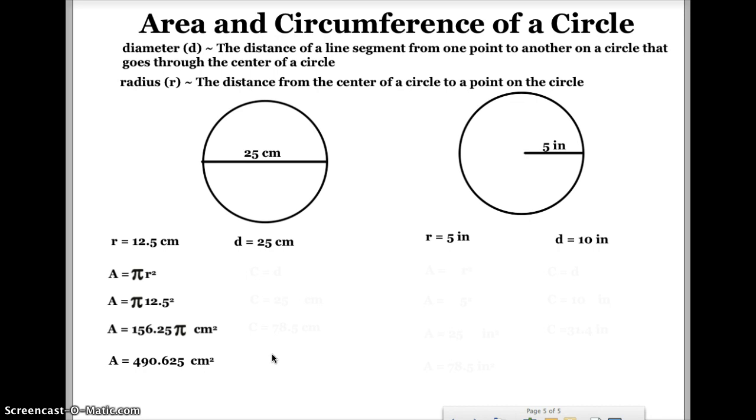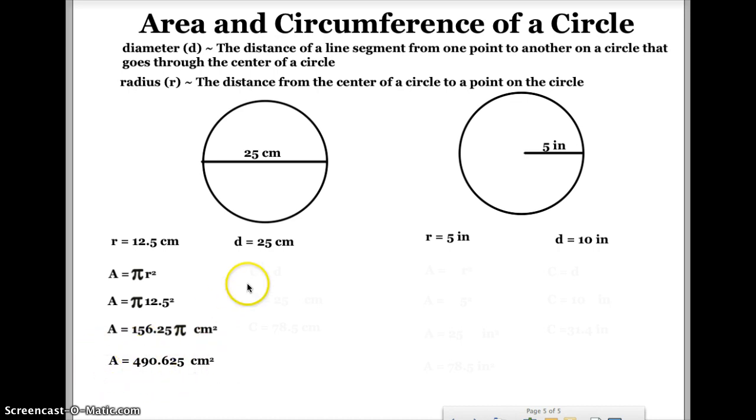And that's just an approximation of what that area is. The actual exact answer is going to be 156.25 pi, because pi is an exact number, and I just used the approximation of 3.14 for pi when I multiplied it out to solve for the bottom one.